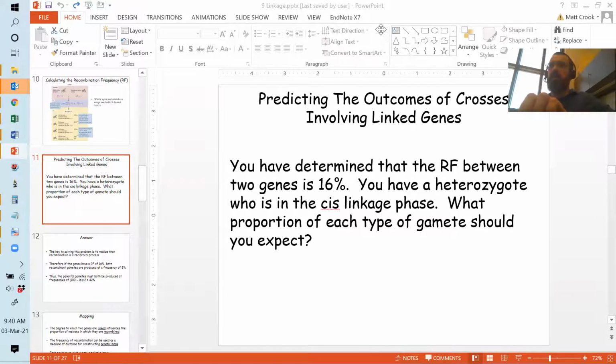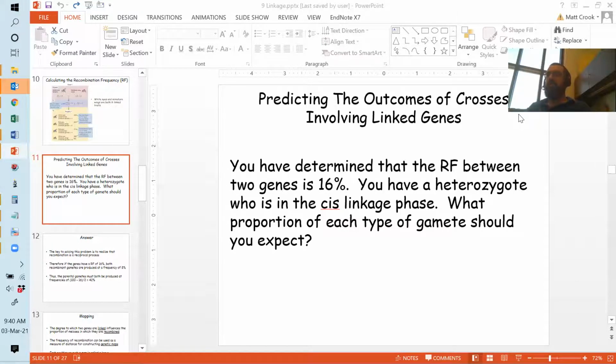If we have 16% recombinant, what percentage parental? So recombinant are our two different combinations. Total, that's 16%. The other two total combinations, the parental ones, are going to be 100% minus 16%, right? Which is 84.